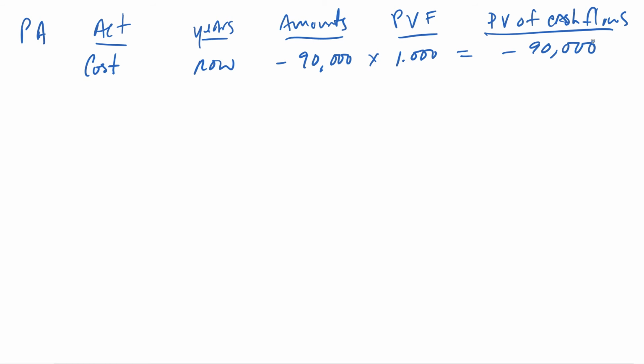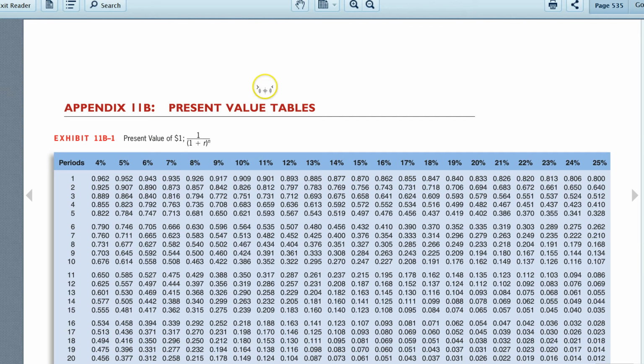The next thing we have for project A is the annual cash inflows. When does this happen? Well, it happens through years 1 through 6. The inflows or the savings are $29,000 a year. And the factor, in this case, because this is not a one-time amount, this is what we call an annuity. So when we go to the present value tables, we're not going to use present value of $1.